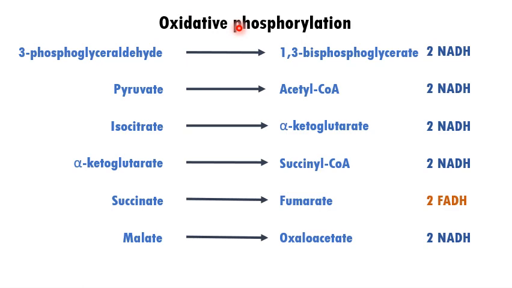There the electron transport system is situated, and there it occurs. But from where does it get the molecules? What is the connection between the rest of the process, that is glycolysis and the citric acid cycle, and the electron transport system?